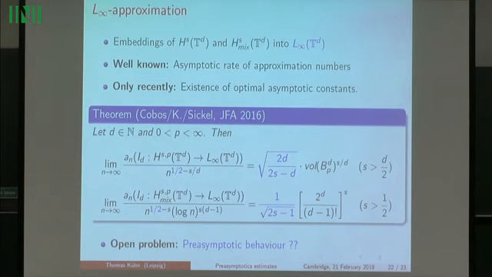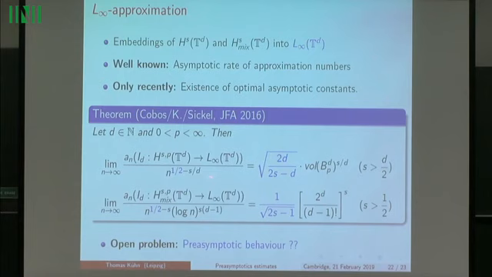And similarly for the mixed spaces, we have an embedding if and only if s is bigger than 1/2. Here again, consider the limit of the approximation numbers of this mixed space into L-infinity divided by the asymptotic order, and the asymptotic order is the same as for L2, except that we have an extra 1/2 here.